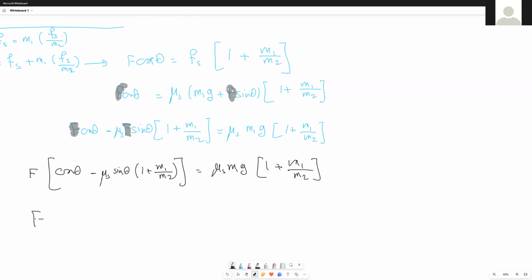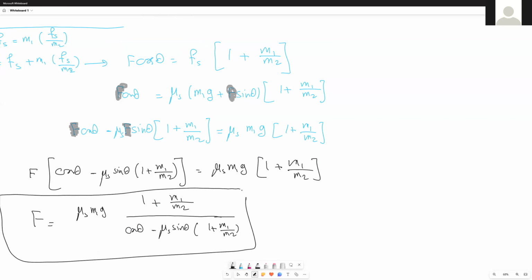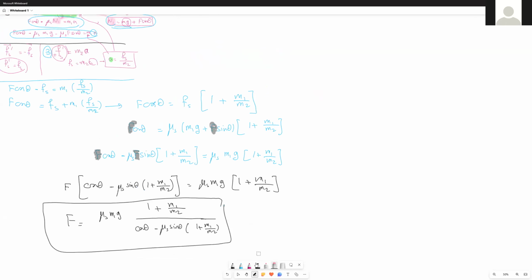And then F would be equal to mu s m1g times 1 plus m1 over m2, divided by cos theta minus mu s sine theta times 1 plus m1 divided by m2. If you wanted, you can simplify it even further, multiplying term by term, but it's not necessary. I hope I didn't make any mistake.